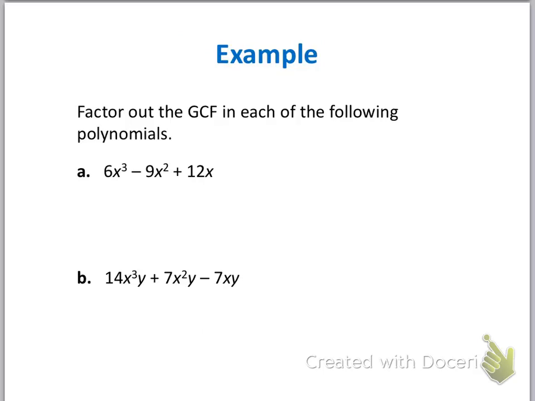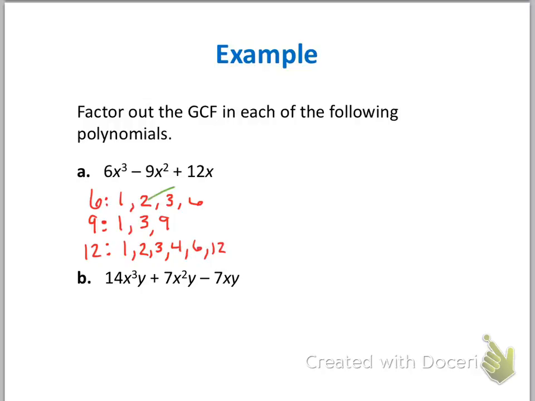So let's try our first example, factoring out the GCF in letter A. First, let's find the GCF. We've got 6, 9, and 12. That's 1, 2, 3, and 6. That's 1, 3, and 9. And it's 1, 2, 3, 4, 6, and 12.